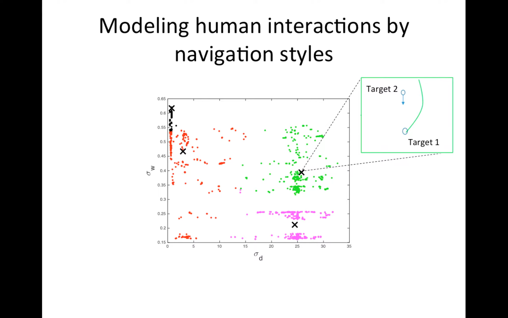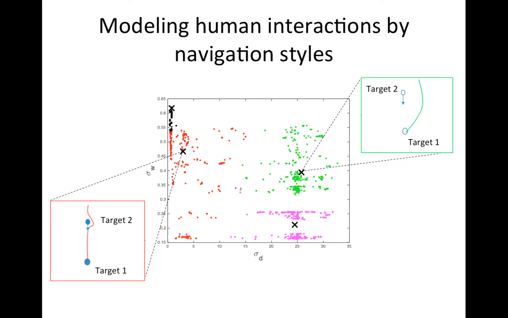As the box on the right-hand side shows, as target 2 approaches, target 1 follows a conservative trajectory, green curve, and tends to avoid target 2 as early as possible. Another example is shown in the red box here. As target 2 approaches, target 1 follows an aggressive trajectory, red curve.